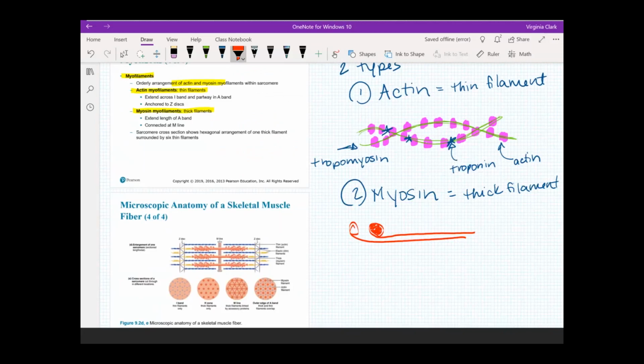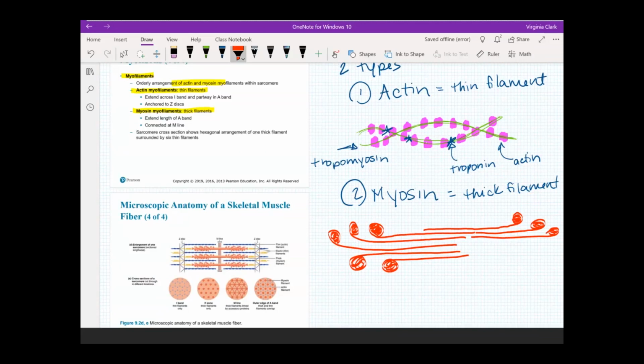So here's another one. It's like putting all of these in a bag, where all of the golf clubs point out in different directions. This is your myosin with all of the heads going in one direction, but you can also have the heads go in the other direction.